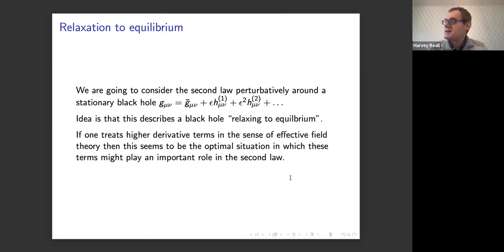And the reason for that is that if you have a highly dynamical situation, then the Bekenstein-Hawking term, which is always going to be present, is going to increase very rapidly, and that's likely just to overwhelm any contribution from any higher derivative terms. And so you need to focus on a situation where that Bekenstein-Hawking term is not doing anything very dramatic, in order to see higher derivative terms having an interesting effect on the entropy.